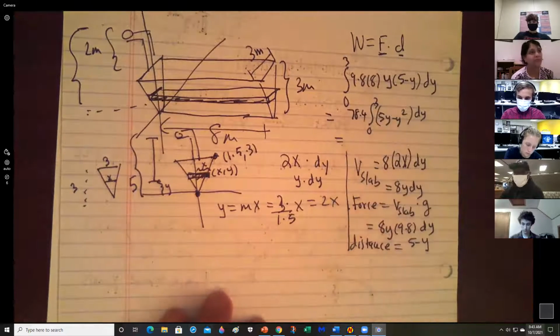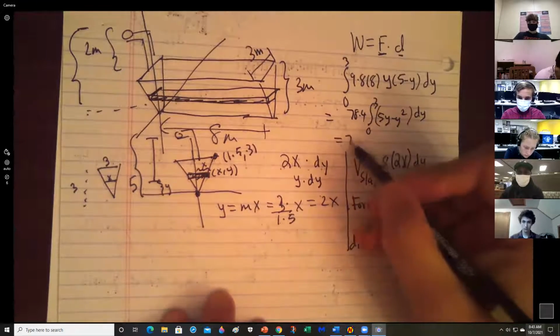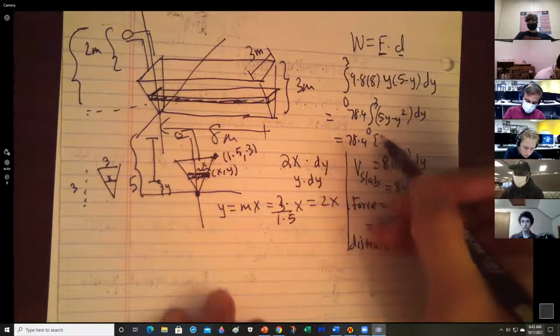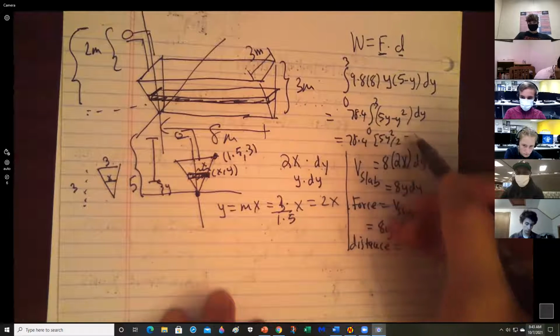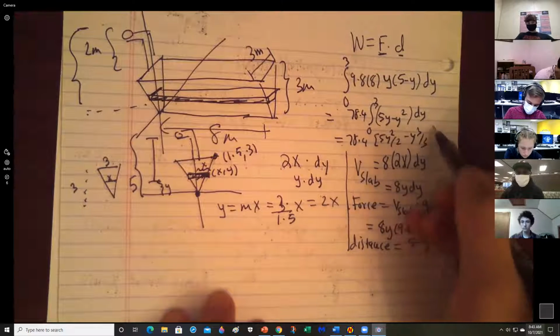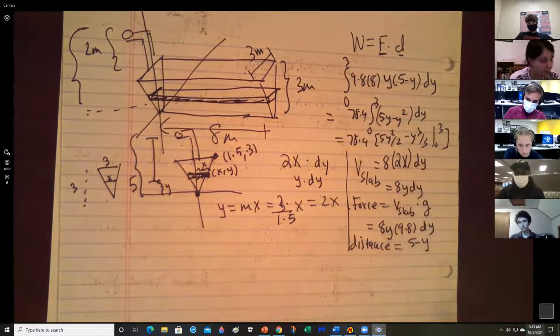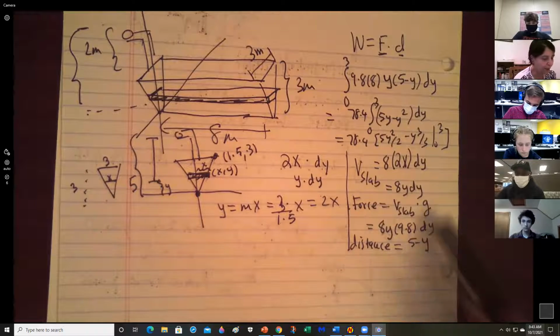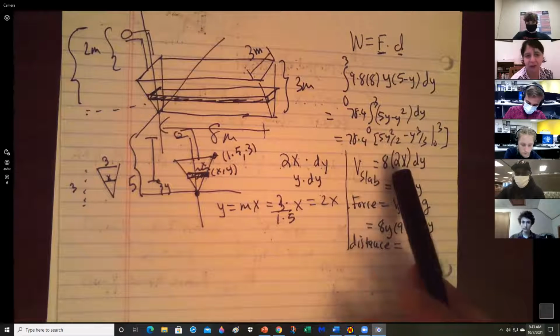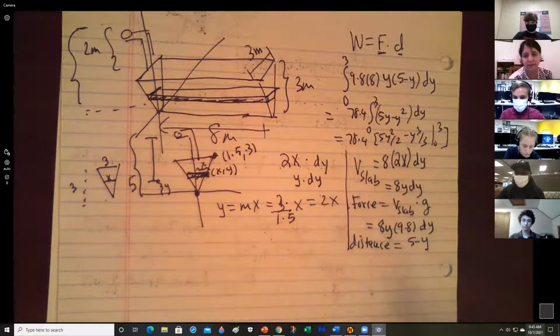All right. So this would be 78.4, 5y squared over 2, y cubed over 3, 0 to 3. And for now, you can just use Wolfram alpha or something. Give me the final answer. Everybody okay with the integration process, right? You're just plugging in numbers now, 3 and 0. And put the answer in there.